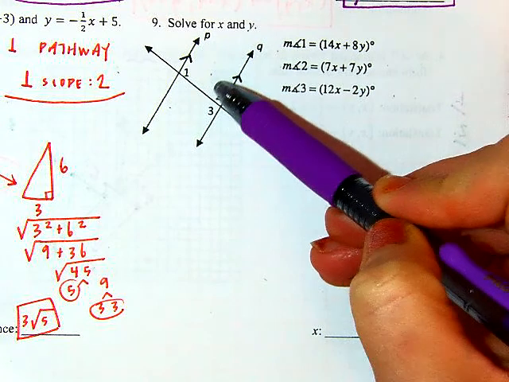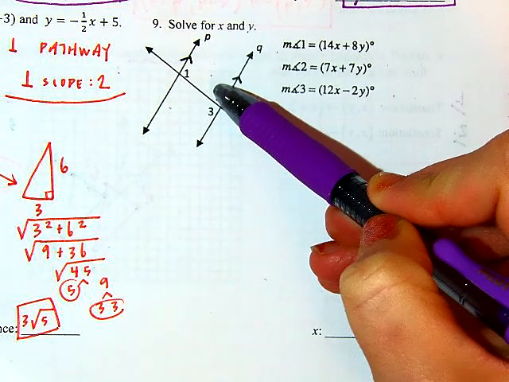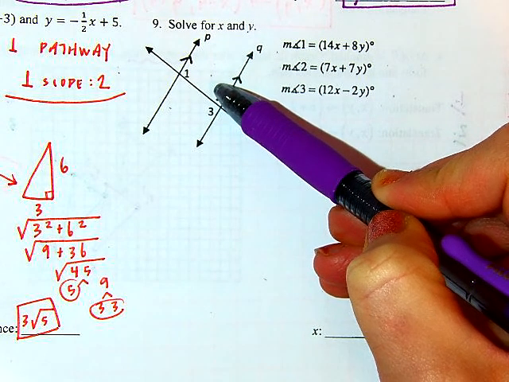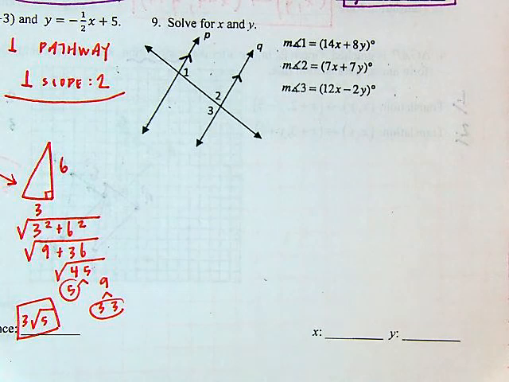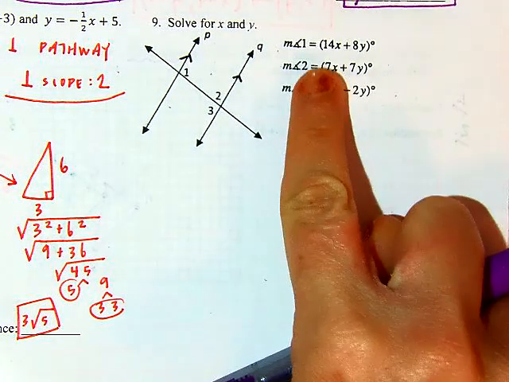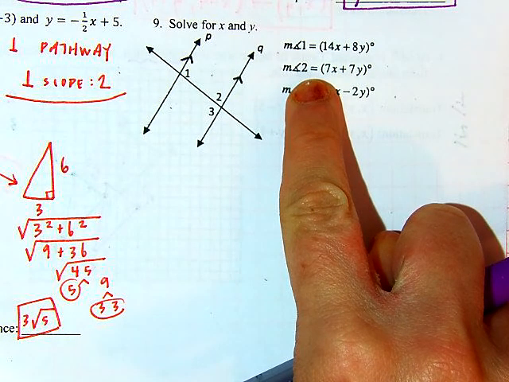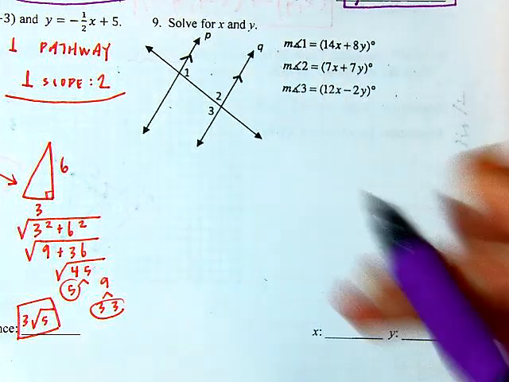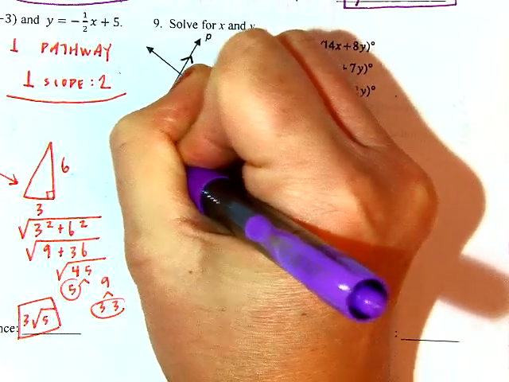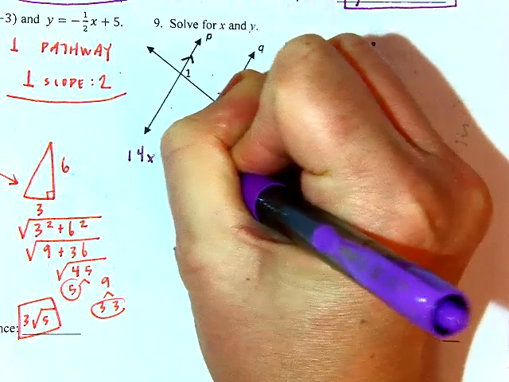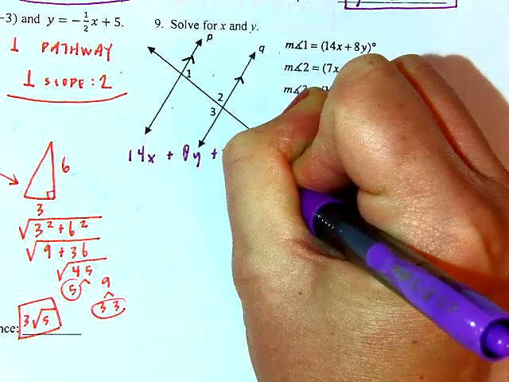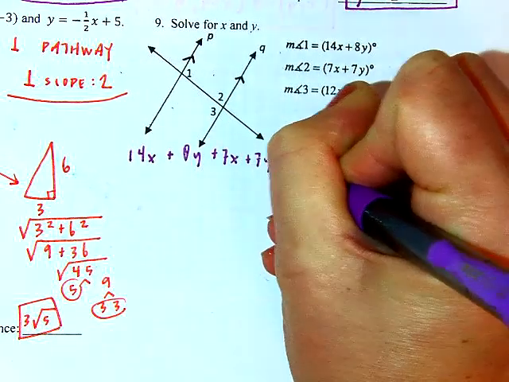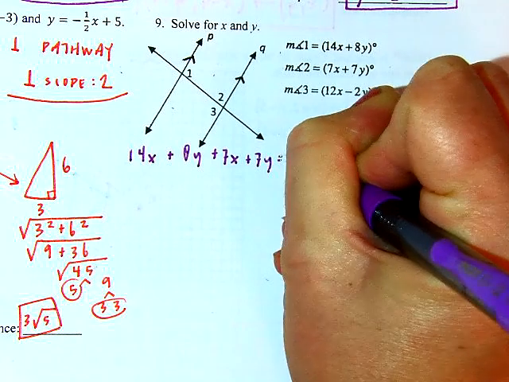Angles 1 and 2, right there, are same side interior angles, so they are supplementary. I'm going to take the measure of 1, add it to 2, and make sure it's equal to 180. So 14x plus 8y plus 7x plus 7y equals 180.